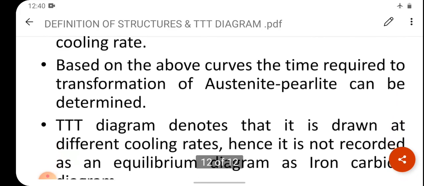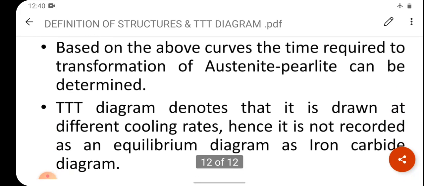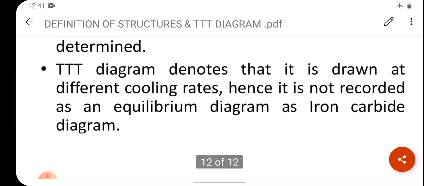Based on the above curves, the time required for transformation of austenite to pearlite can be determined. How much time has it taken? The TTT diagram is drawn at different cooling rates. Hence, it is not recorded as an equilibrium diagram like the iron carbon diagram. So now this is clear, that the TTT diagram is a non-equilibrium diagram.